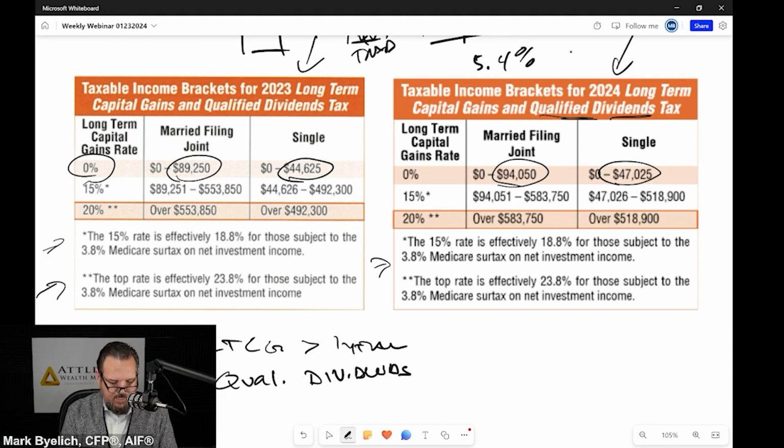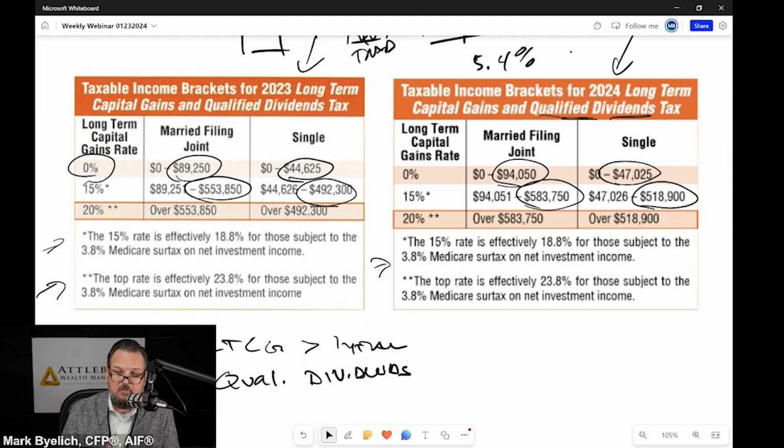Your 15% goes from $89,251 to $553,850 to $583,750 for a married filing joint couple, and from $492,300 to $518,900 for a single filer. It's a big jump, and a big spread, for a single filer. Single filers really get hurt with ordinary income, not so much with capital gains.